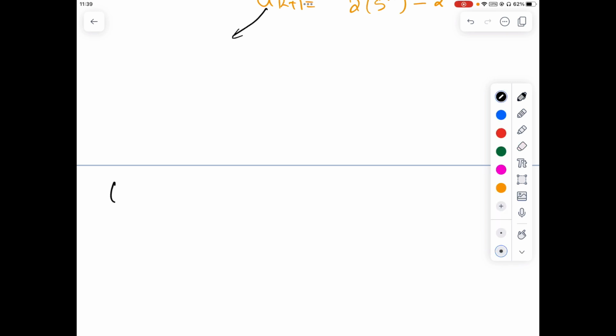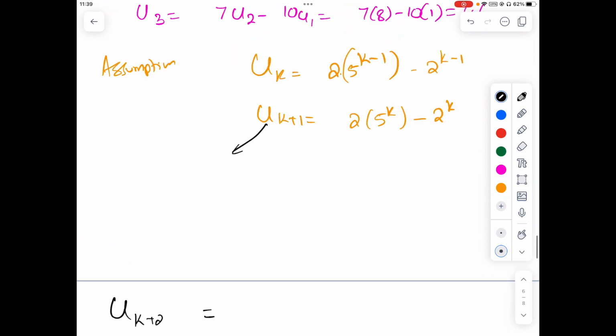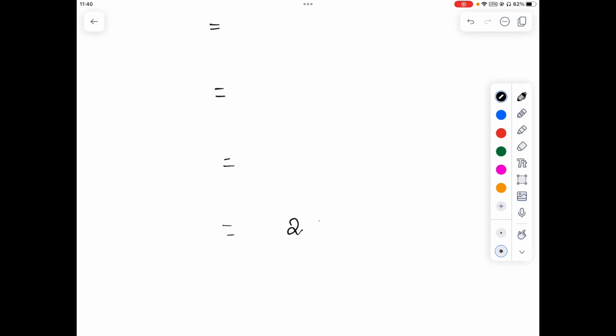So u_{k+2} should be equal to, plugging in k plus 1 on the right side also, 2 times (5^(k+1) minus 2^(k+1)). This should be the answer.